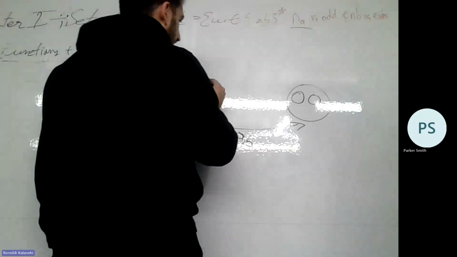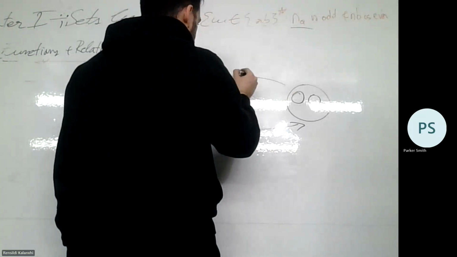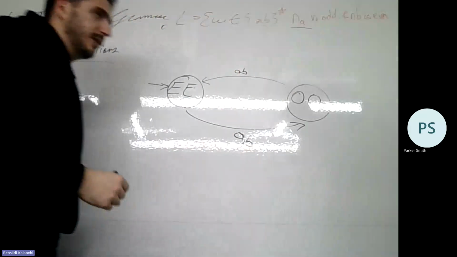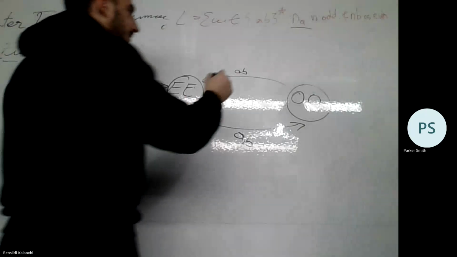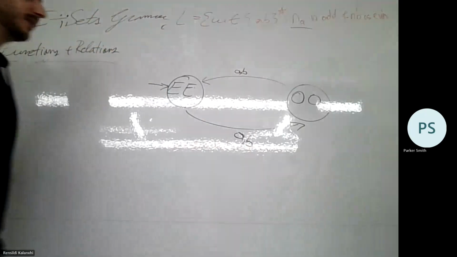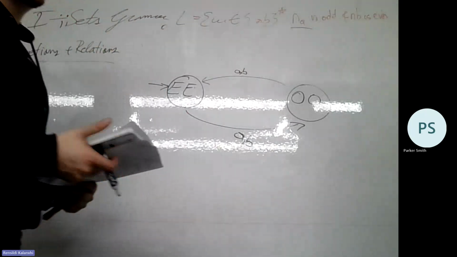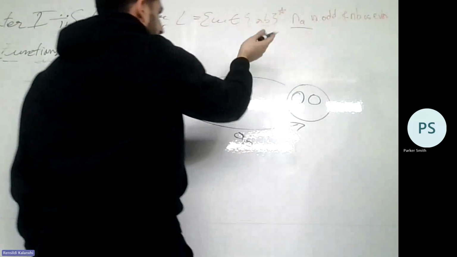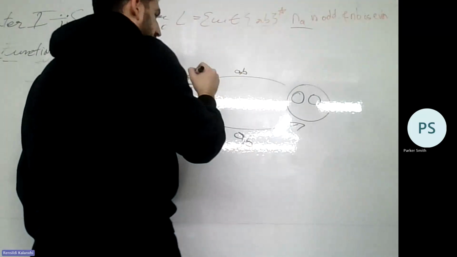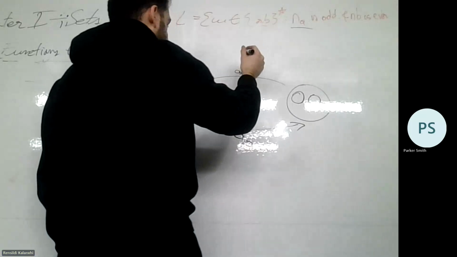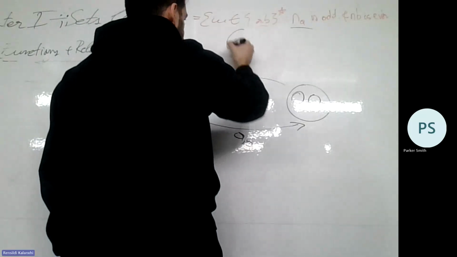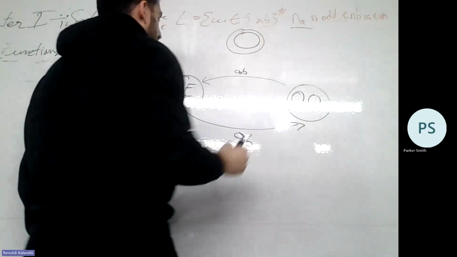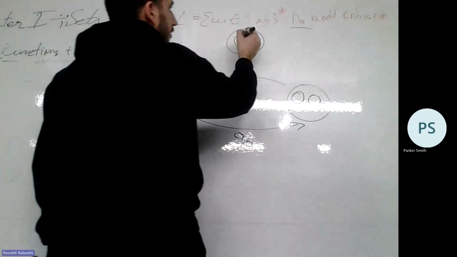And goes the same thing from OO to EE. It's not the final state because we need NA is odd and NB is even. So now we go to the final state, which is OE.